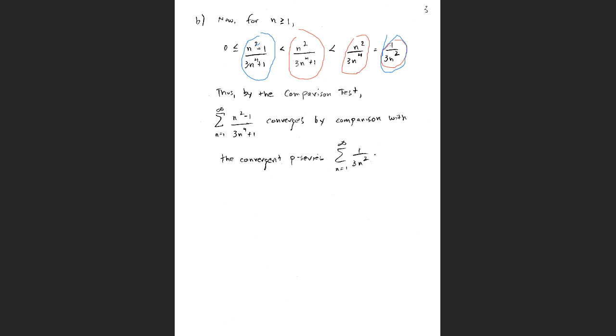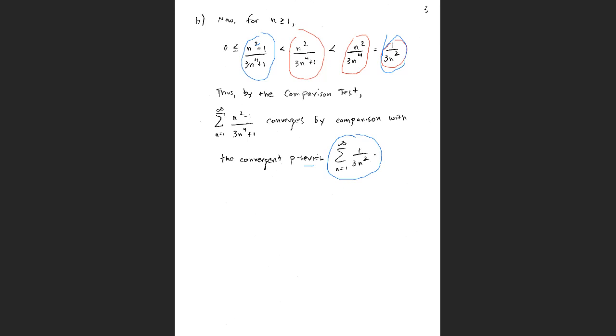Okay, but we know that the series from n equals 1 to infinity of 1 over 3n squared is a convergent p-series because p equals 2. And so our series has to converge.